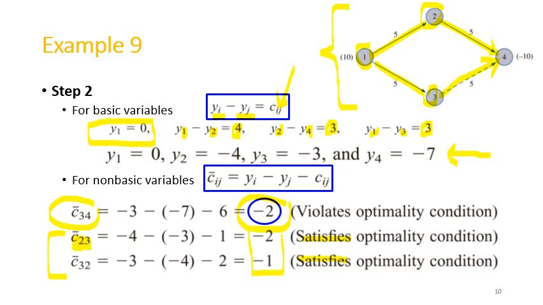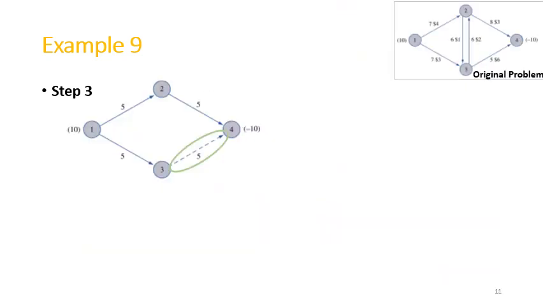If there is a violation like this, it means that our basic feasible solution is not optimal yet. Now we're going on to step 3. From the previous slide, we saw that c hat 34 is negative. It violates the optimality condition for a non-basic variable currently at the upper bound.